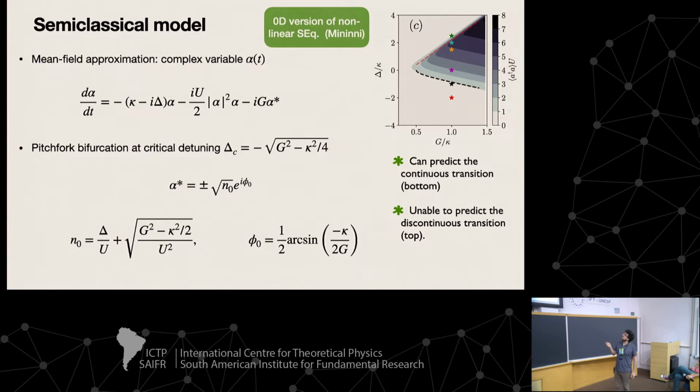So it will predict that there is a continuous transition as you move up here. There is no semi-classical model that can predict this red line here. This red line is actually a guide to the eye. It's not a theoretical prediction. And as far as we know, the origin of this red line is really the quantum fluctuations that appear in the model that make the three blobs unstable.